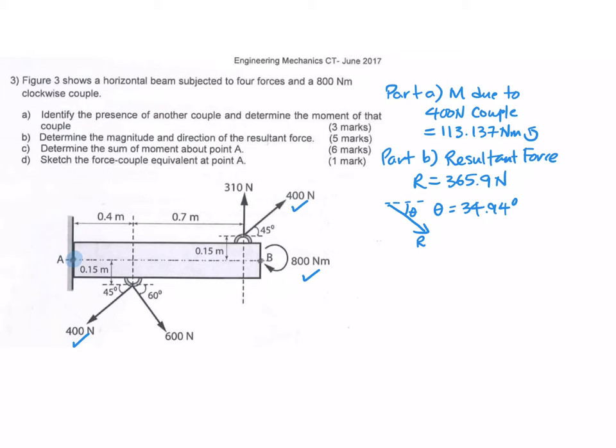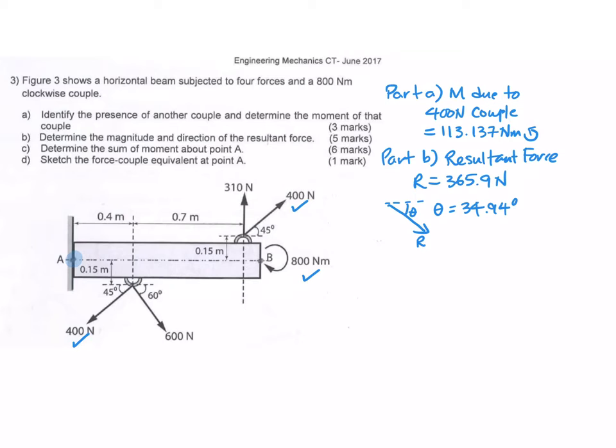So what we need to do is to determine the moment due to this 600 Newton force and this 315 Newton force, and add them up to the other two moments. So let's do that.